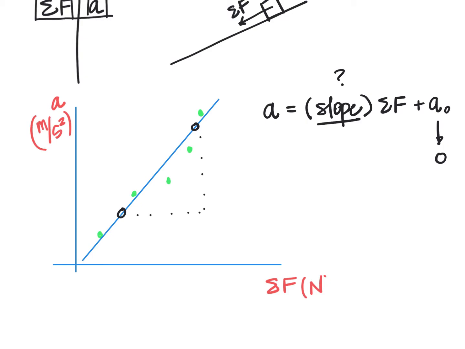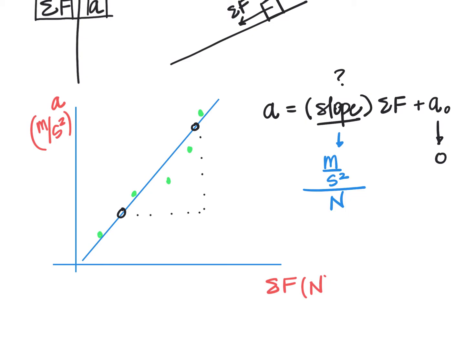Now the unit for your slope, let's see, check that. The unit would be the meters per second squared divided by newtons. Now a slope is usually a constant, something you didn't change in your experiment, something that you kept constant the whole time.